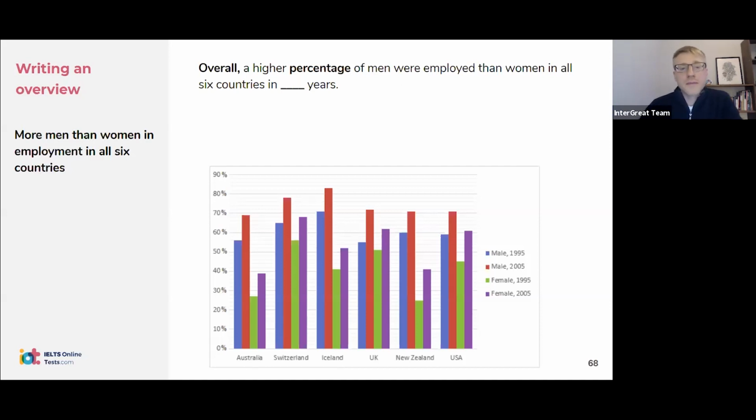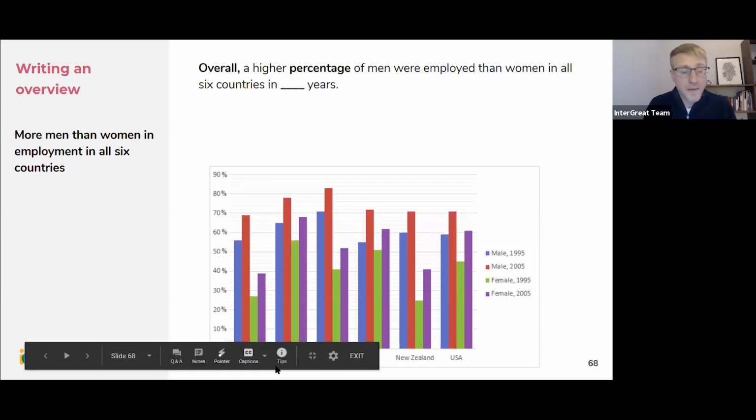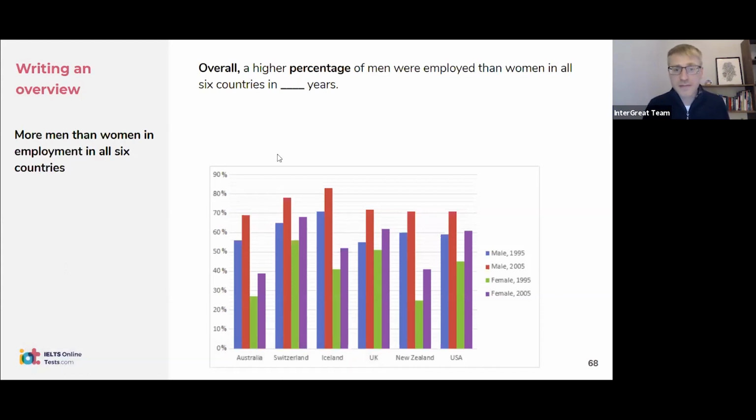What's the missing word here? In. Yes, Pujan, you can use that to frame your sentence. Very good. I would stick with percentage or proportion here, okay?